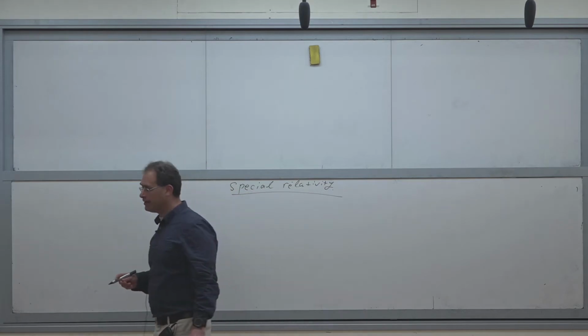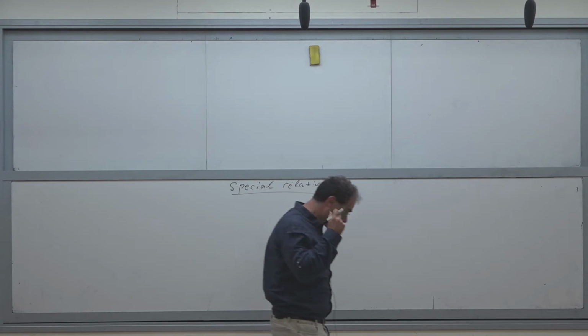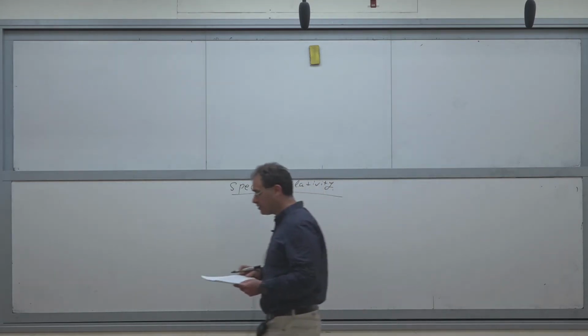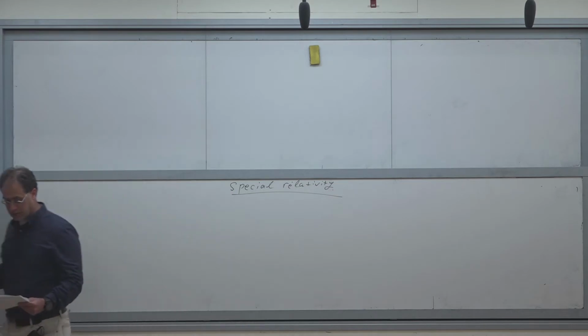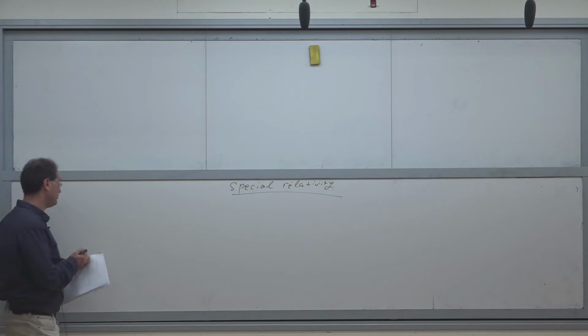Okay, so we begin with the principle of special relativity, which is a consequence of the Michelson and Morley experiment. And the principle states that the laws of nature are invariant in any inertial reference frame. Let's write it down.